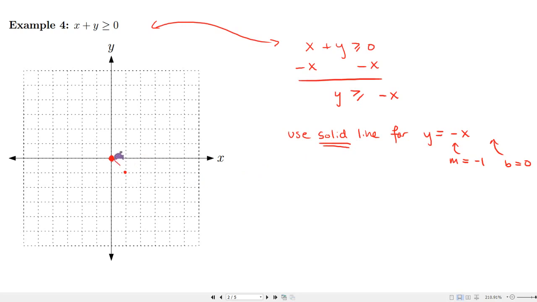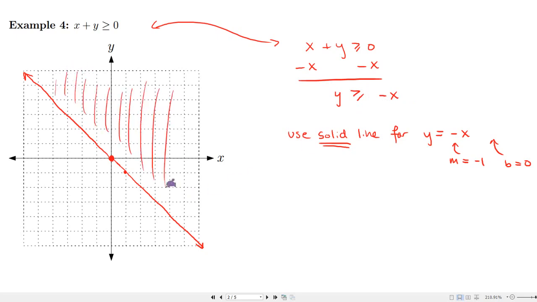So solid line, this is going to be this diagonal here. Then we want y greater than or equal to this, so that's going to be up above, greater than or equal to. Okay, so that's the solution set to that linear inequality.